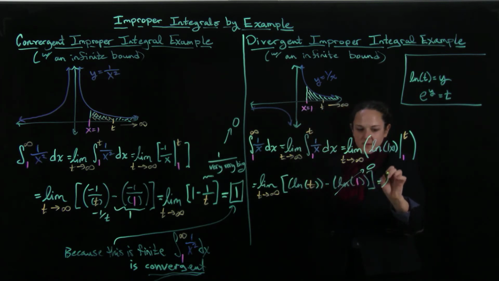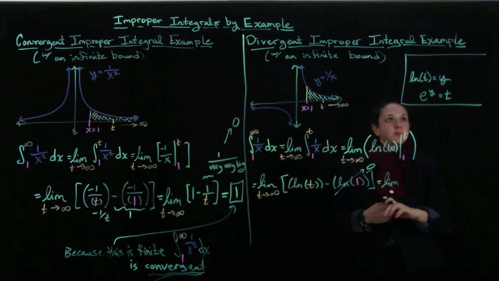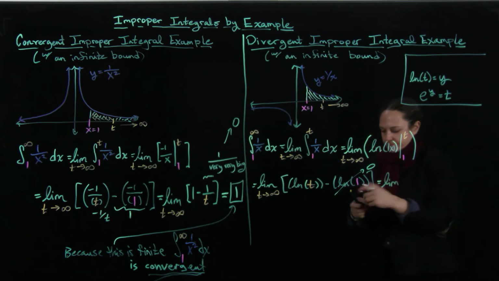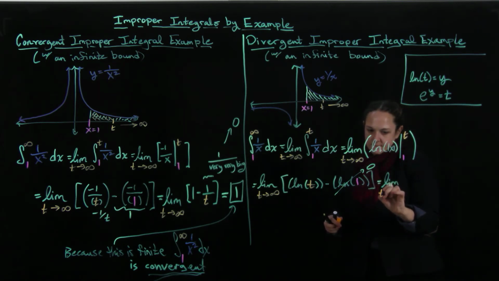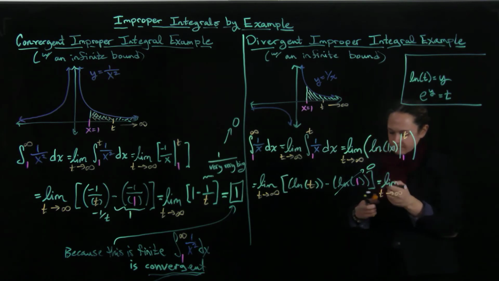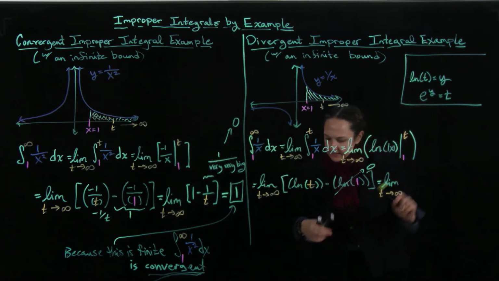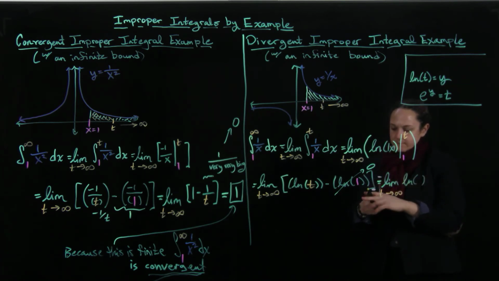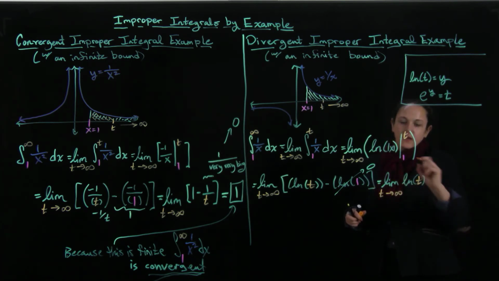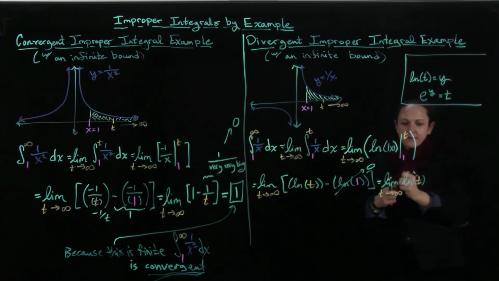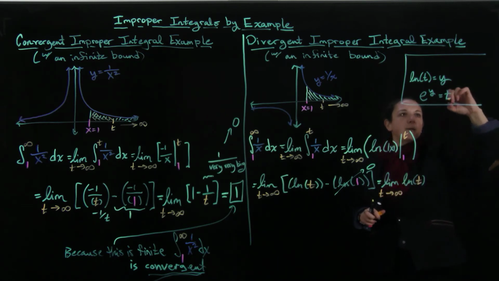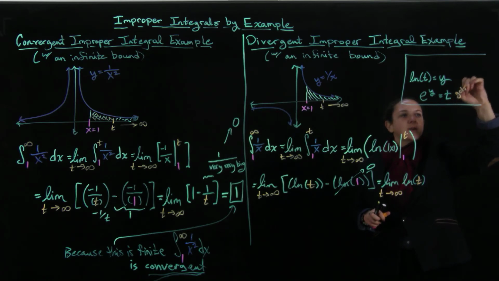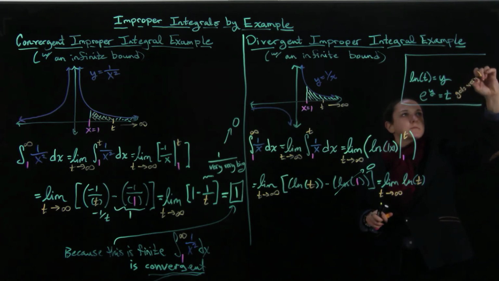So let's just write this first that we have. The limit as t approaches infinity of the natural log of t. And looking at this up here, this tells me that this gets very big when y gets very big.